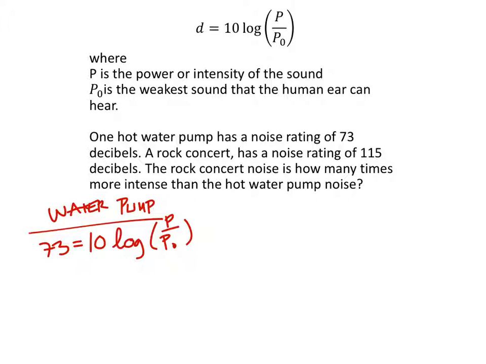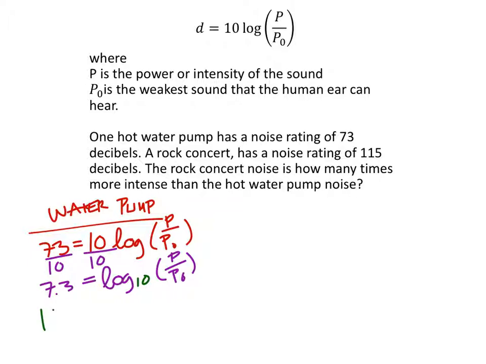Let's look. To solve for that common log, I'm going to have to divide both sides by 10 first. So that gives me 7.3 equals my common log of P over P sub 0. Now I'm going to change that common log into a base 10, even though we didn't need to. The reason I'm showing this is because I'm now going to change it into exponential form.